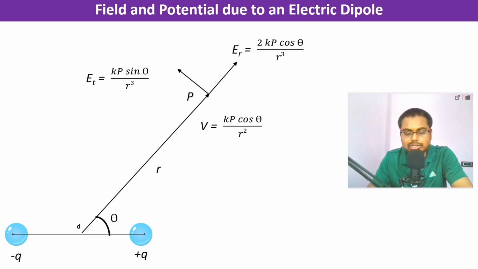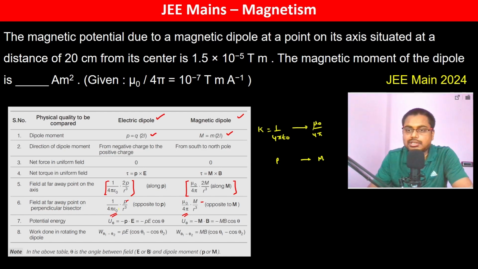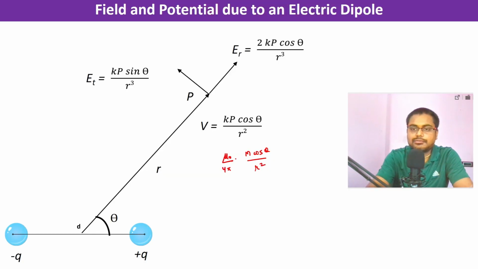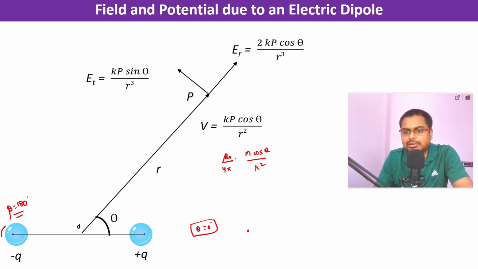So therefore potential due to a magnetic dipole is going to be mu naught by 4 pi into M cos theta divided by r square. Now since here it is stated that it is on its axis, at the axis, the theta is going to be 0 degrees. If it is on the other side, the theta is going to be 180 degrees. So basically cos theta will become -1, but the magnitude of the potential is not going to change.